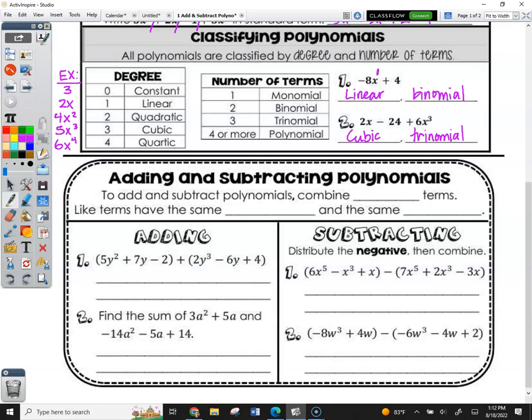The rule when you're adding and subtracting is you combine like terms. What do we mean by like terms? They have to have the same variable(s), because you could technically have more than one variable, and if you do, they have to match. It also has to have the same exponent.